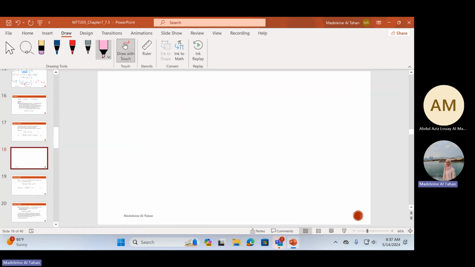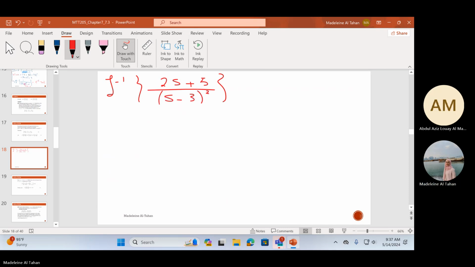So we need to find Laplace inverse of 2s plus 5, right? Over s minus 3 squared.